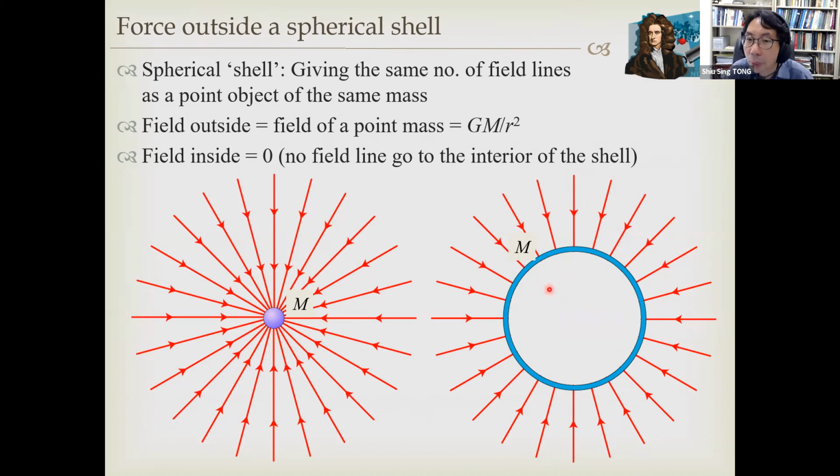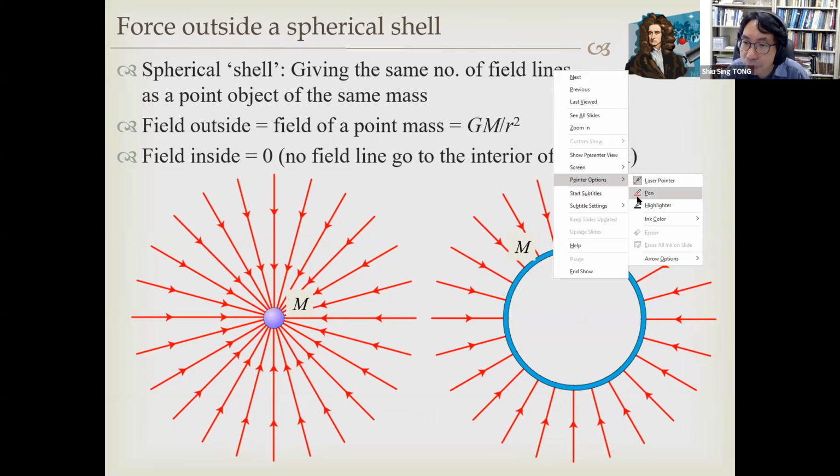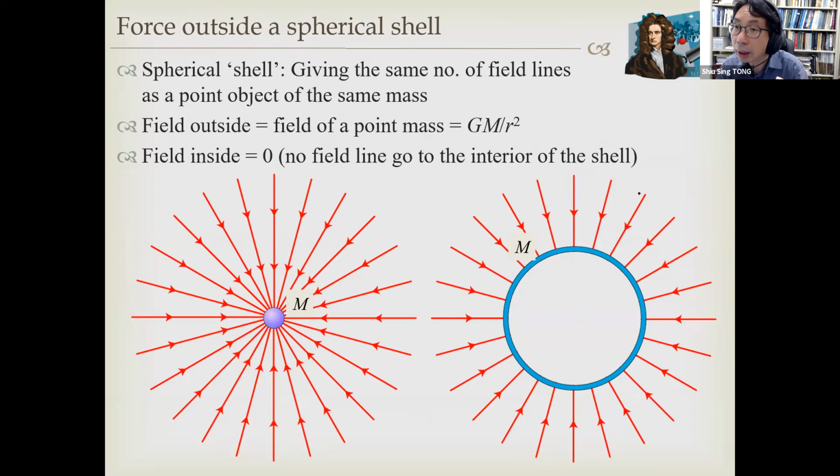Now, first, we may like to know the distribution inside the shell, if there's any. Now, the problem is spherically symmetric, symmetric in every direction. So if the field line exists inside, it will be either pointing outward or inward, right?